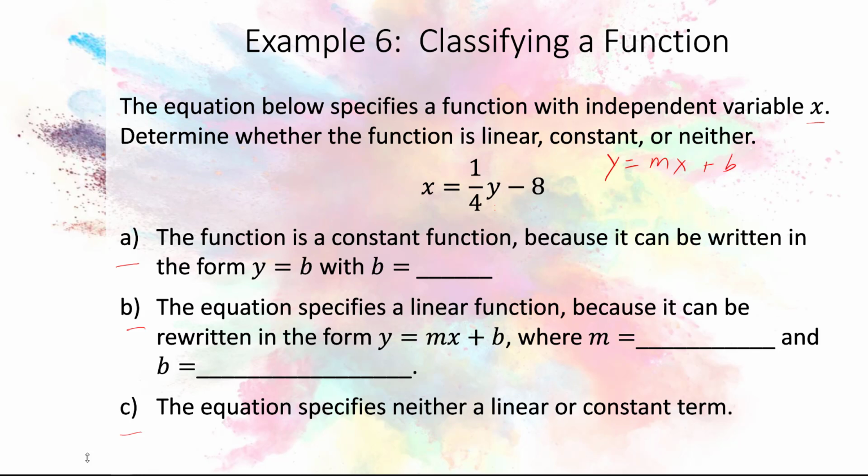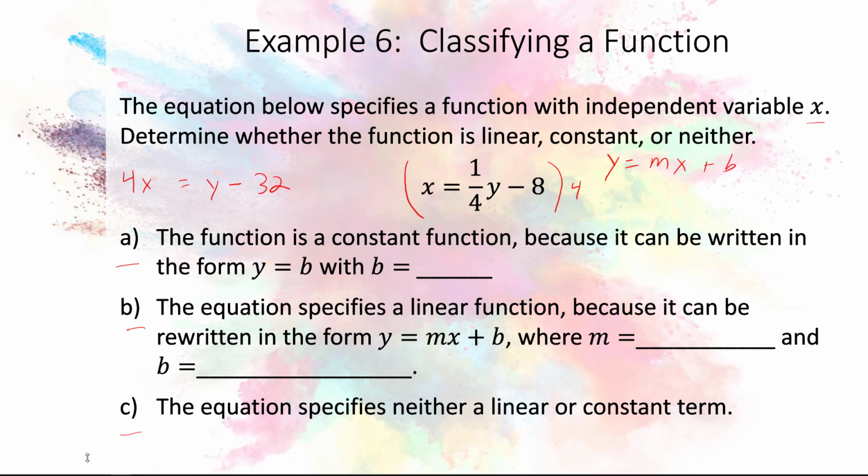Now to do that, we are going to multiply both sides by 4. And if we do, we will have that 4x is equal to, well, 4 times 1/4, that's just going to be 1, so that's going to be equal to y, minus 4 times 8, which is 32.